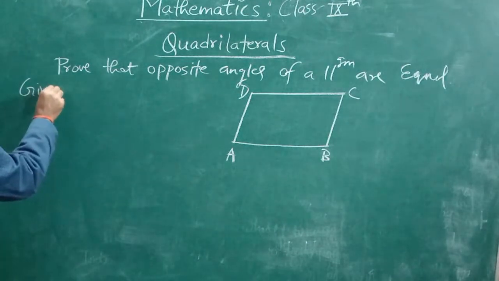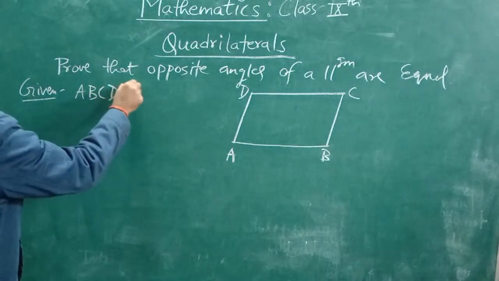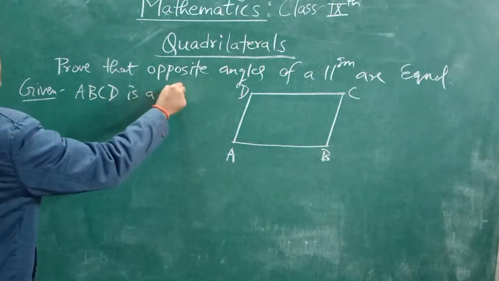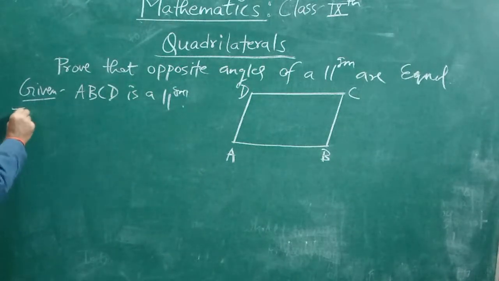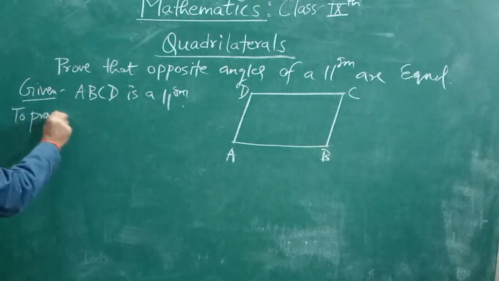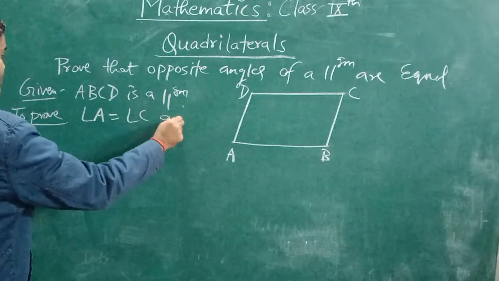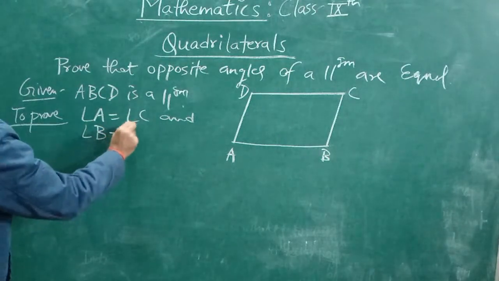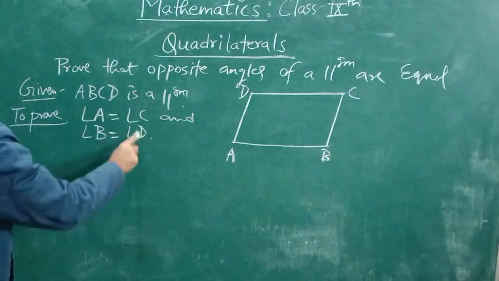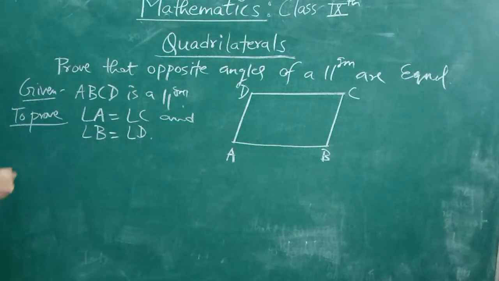Given: ABCD is a parallelogram. To prove: angle A is equal to angle C and angle B is equal to angle D. Opposite angles are equal. Proof.